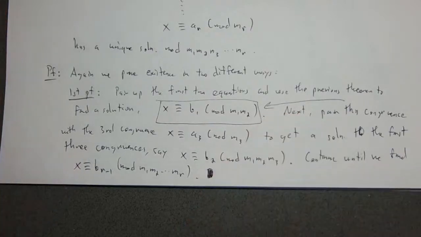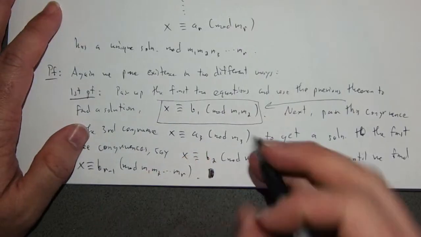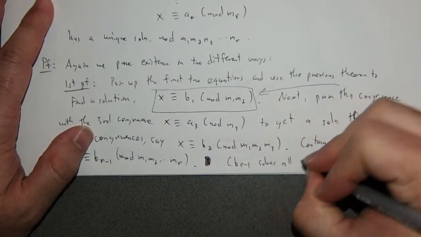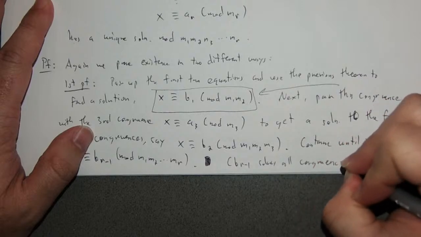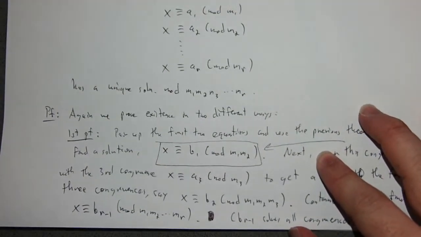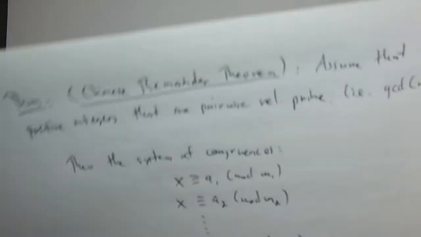That's exactly the process I described in words when I said, take this method we have of dealing with two congruences at a time and just keep collapsing that list of congruences, one congruence at a time. Eventually, the thing that you get solves everything, right? So maybe I should say that explicitly: b sub r minus 1 solves all of the congruences. Okay. All right. So that's the first proof of existence.